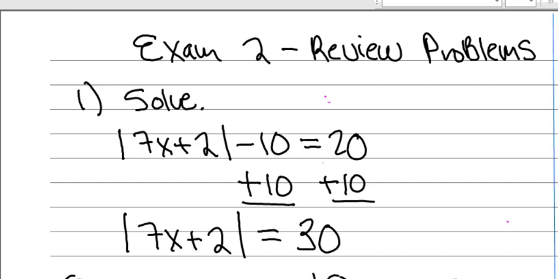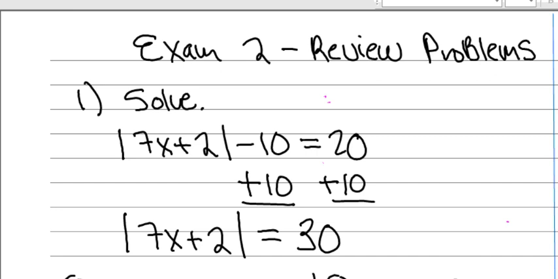is I'm going to solve an absolute value problem, which I have right here. I have the absolute value of 7x plus 2 minus 10 equals 20. And I want to solve that. So I need to get that absolute value by itself.